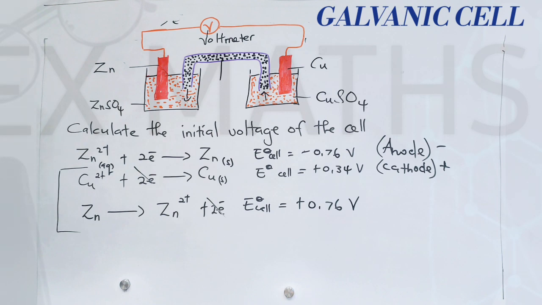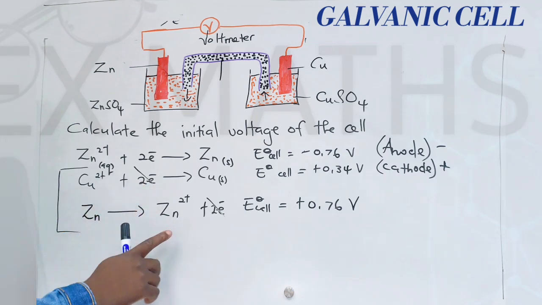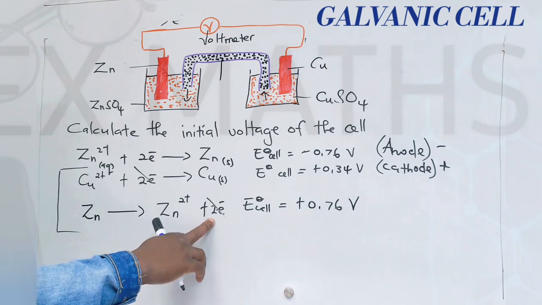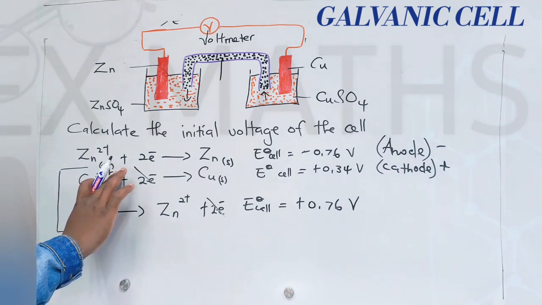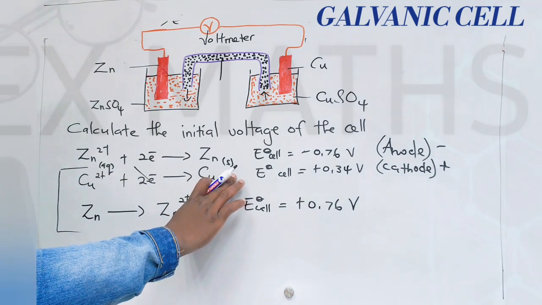But if the electrons were not balanced, you would have to balance them first, so that the number of electrons transferred in copper is the same as the number transferred by zinc. Then you combine species on the left hand side and species on the right hand side.